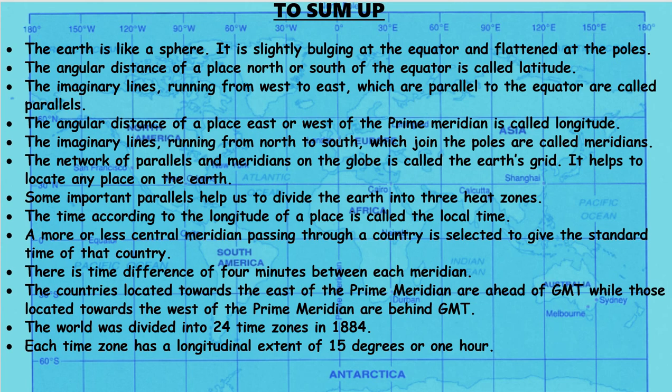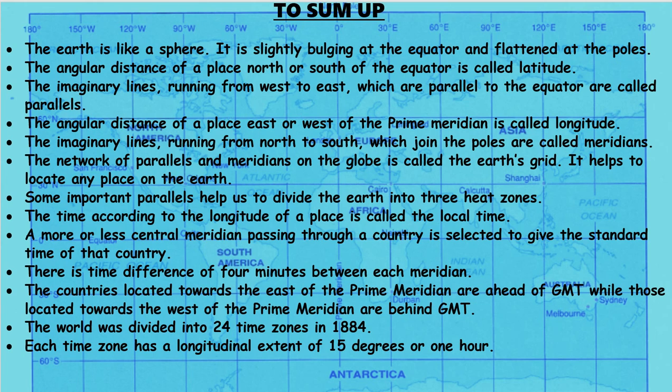Okay. The angular distance of a place east or west of the prime meridian is called longitude. The imaginary lines running from north to south, which join the poles, are called meridians. The network of parallels and meridians on the globe is called the Earth's grid.